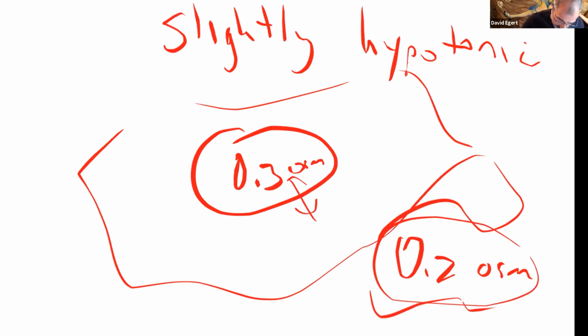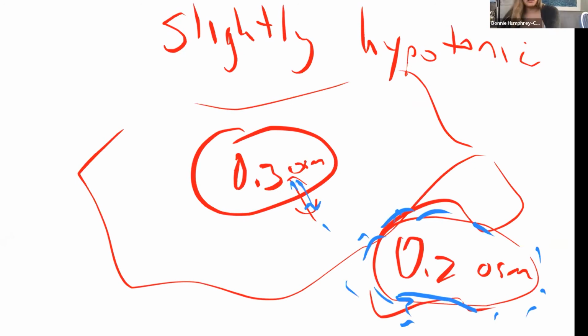If I have a much lower gradient, maybe it's only 0.1 across, what might I find? Swollen cells, not crenation. Water's still going to go in, from where it's less concentrated to where it's more concentrated, but it's not coming in with as much osmotic pressure.